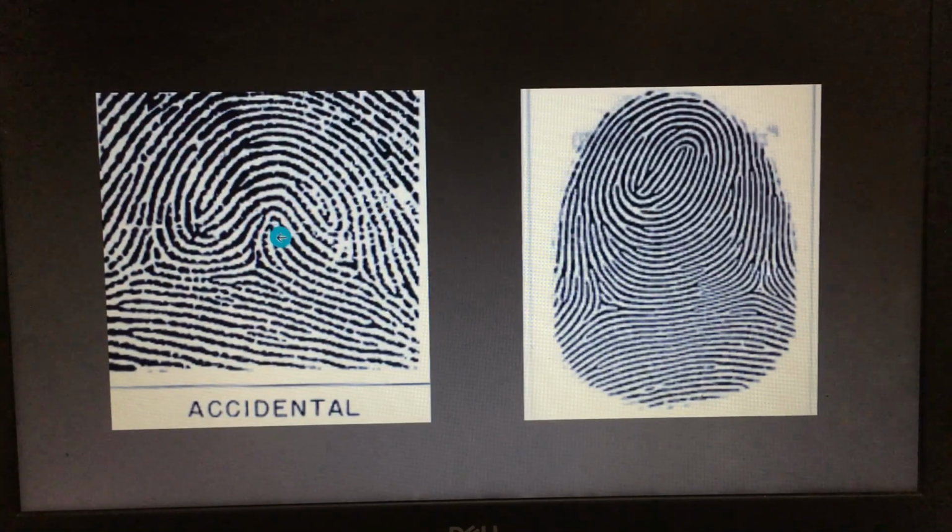We can see a tented arc, and it does not form a loop or a whirl. It is different. The pictures emphasize that we can identify that it is an accidental whirl.